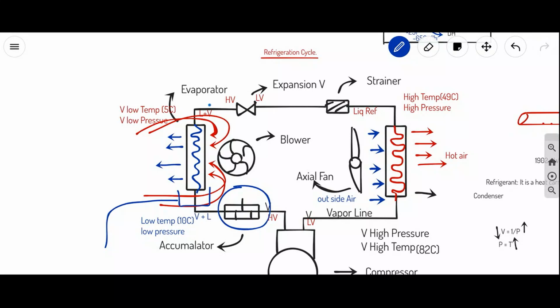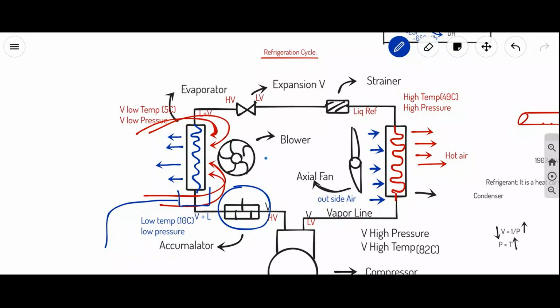Why? Because here heat exchange is happening. Whenever heat exchange happens, there is a change in its phase. Refrigerant changes its phase. So volume will be high, vapor will be high, liquid will be minimum, and we need to separate liquid from the vapor refrigerant, and we need to allow only vapor refrigerant to enter into the compressor.